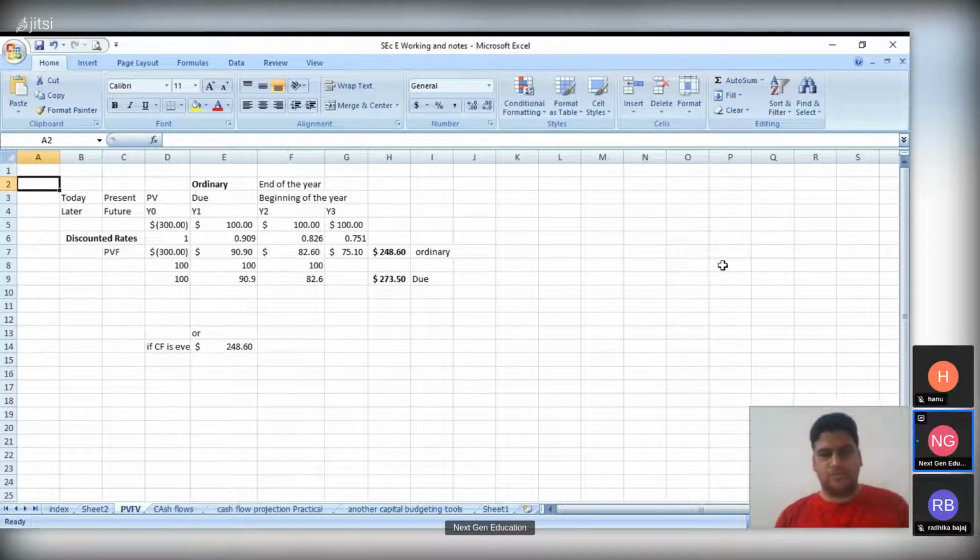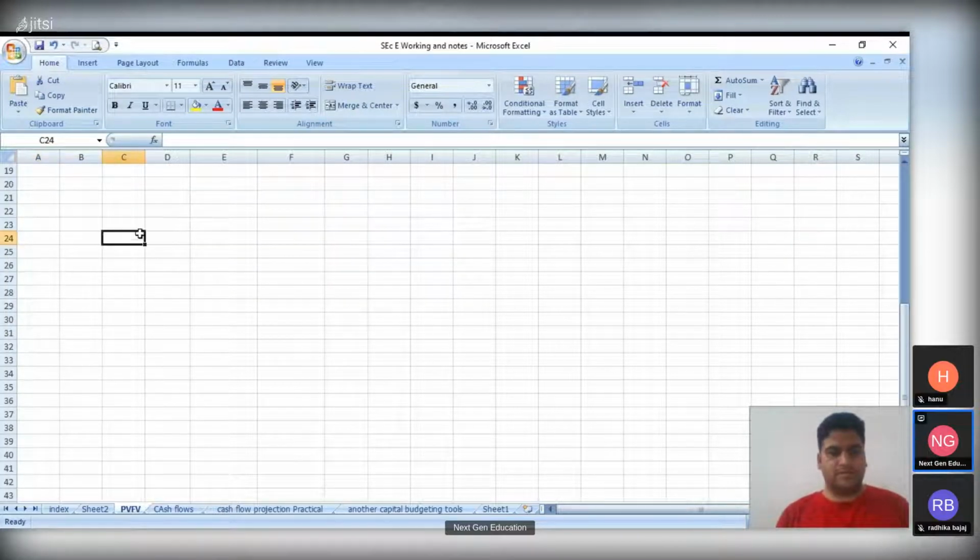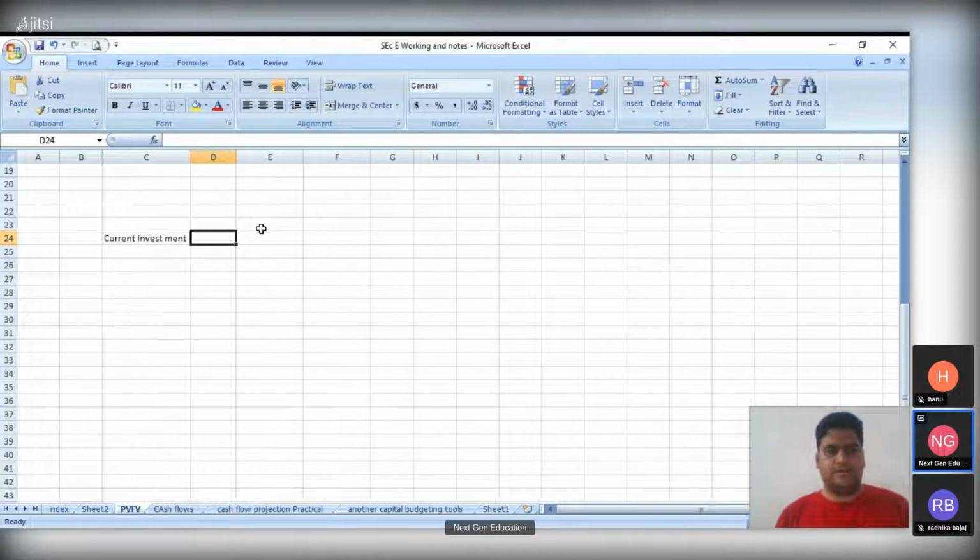Once again, I will show you how to calculate the present value. So let's say your current investment, we will clear it with the present example. Let's say current investment, I will give about 10,000 rupees. Okay, and your annual cash flows are uneven. We will definitely talk about the uneven.